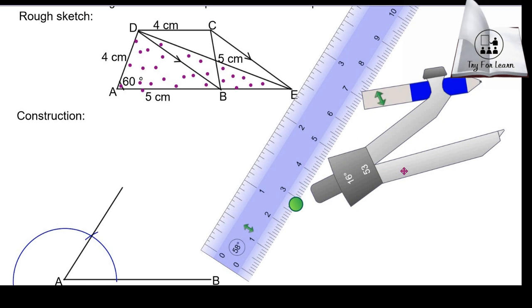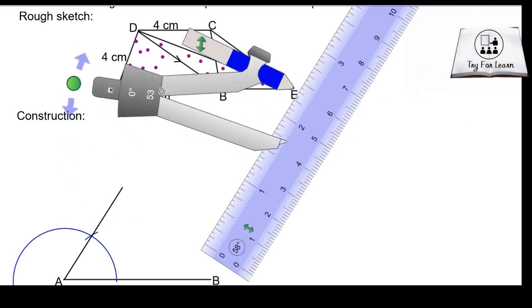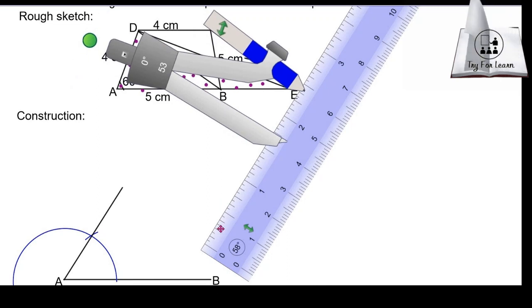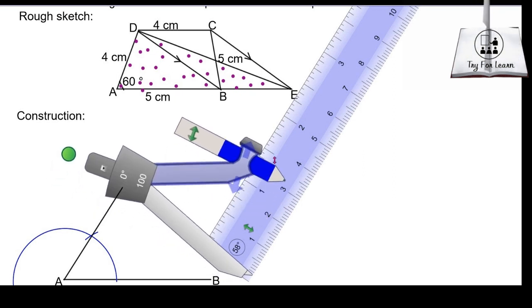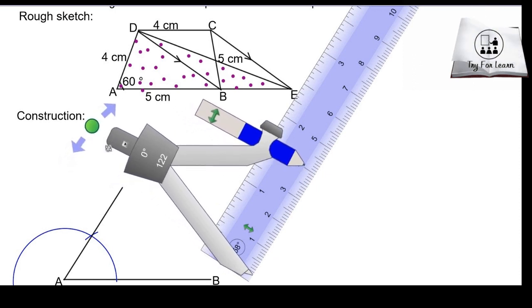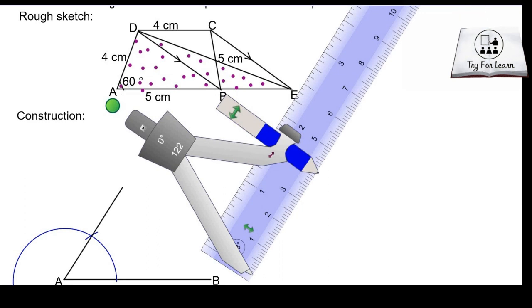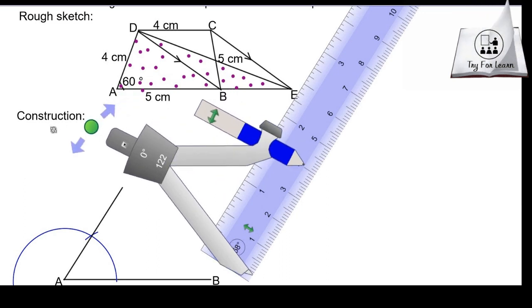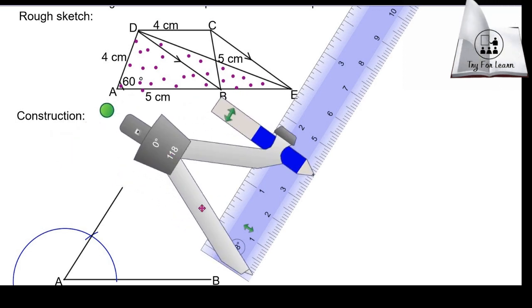So let's measure 4 cm in this compass, and then we will cut from A. So let's measure. Yes, it is exactly 4 cm.